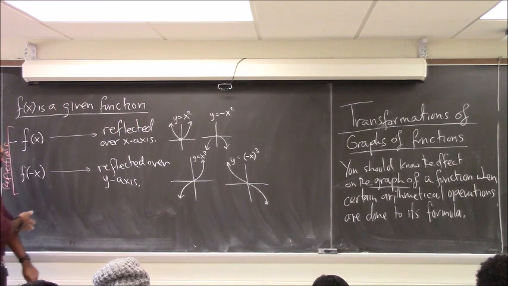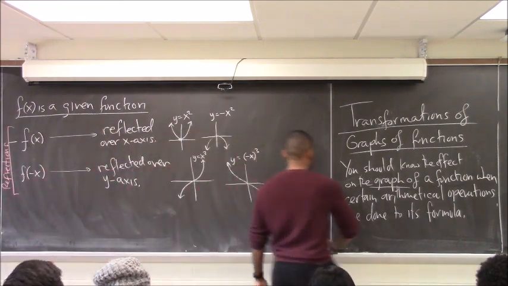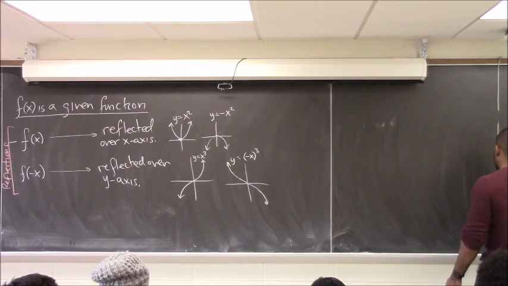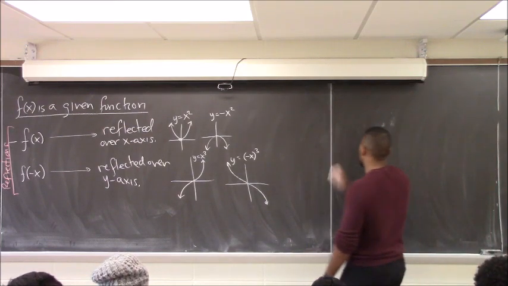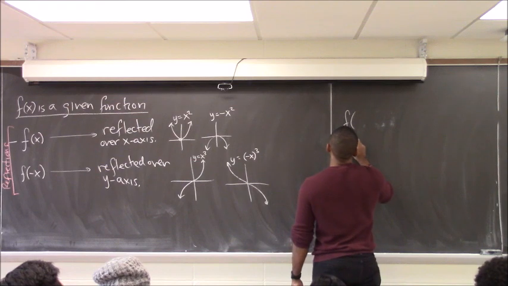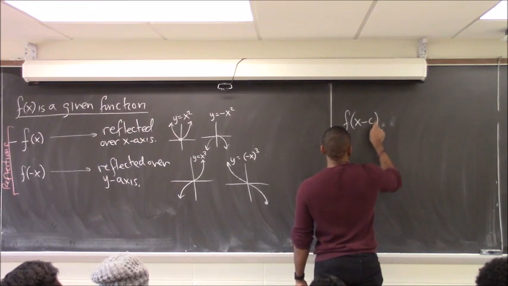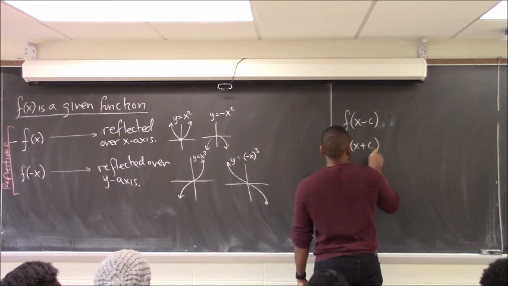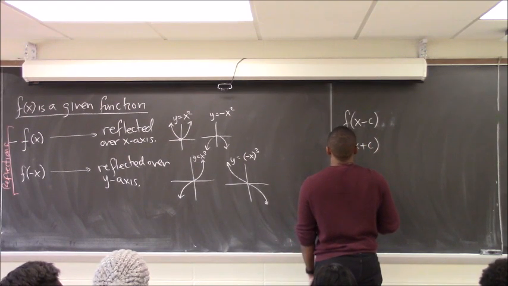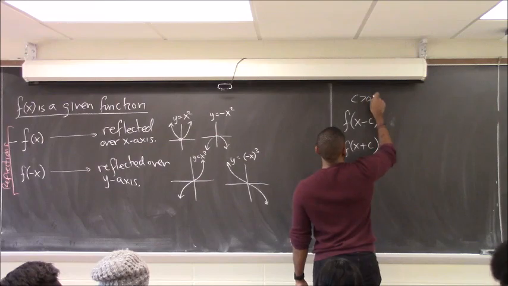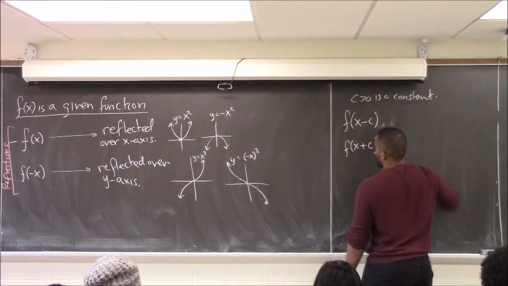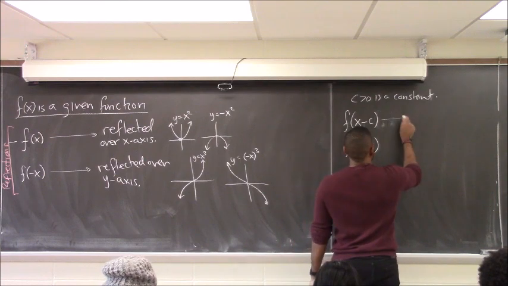But we also have other transformations that we call shifts. You can have the vertical and the horizontal types. So you have f of x and you do something like x minus a constant versus x plus a constant. Here, c greater than 0 is a constant. What does this do to the graph?